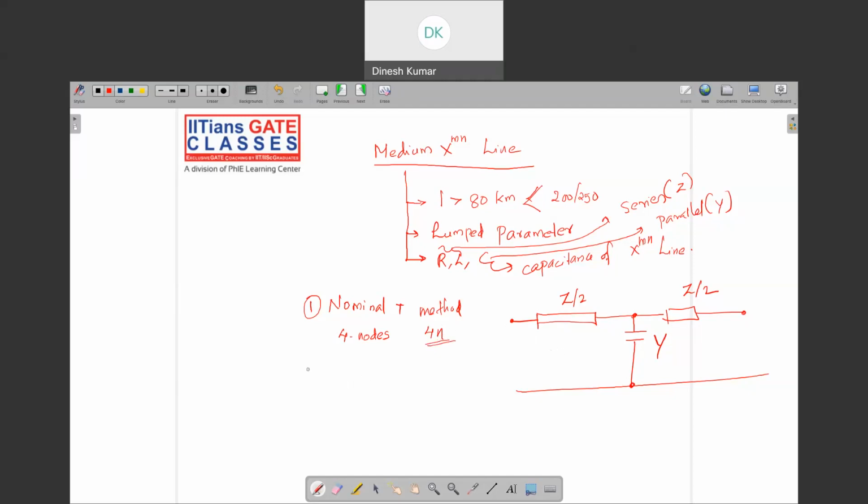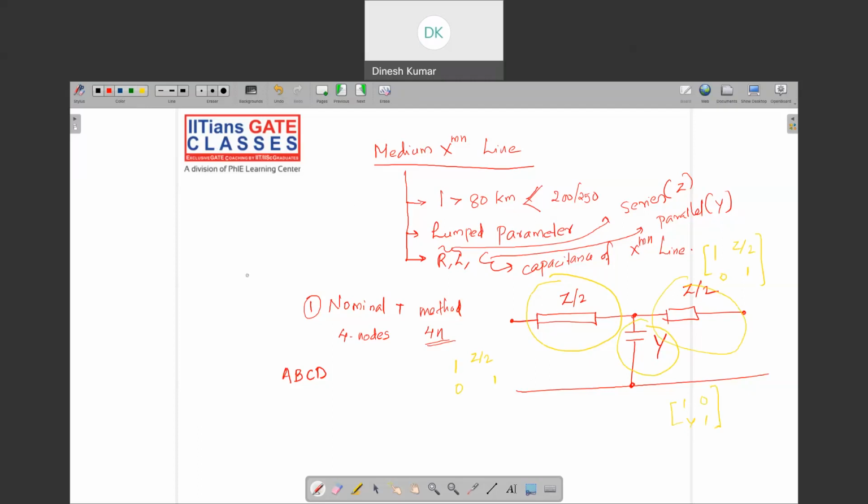Now we can write the ABCD parameters. I already explained that for finding the ABCD parameter, we have to find the ABCD parameter of each part. We already know: [1 Z/2; 0 1], then multiply that with [1 0; Y 1], then multiply again with [1 Z/2; 0 1]. These are the 3 subsystems that we have to multiply.